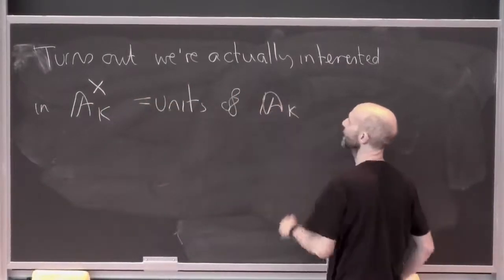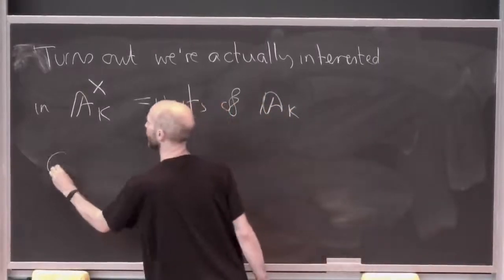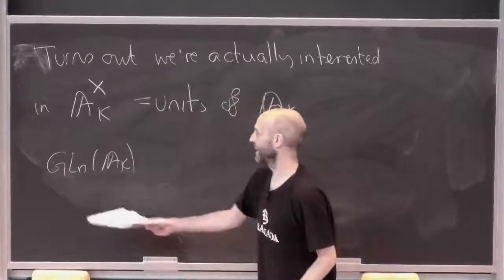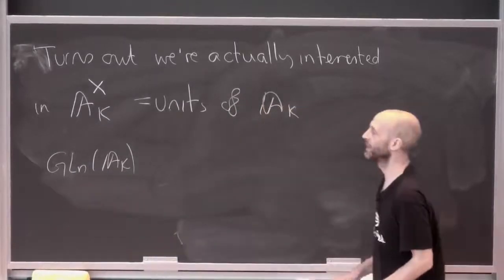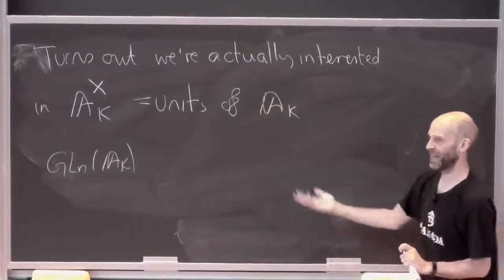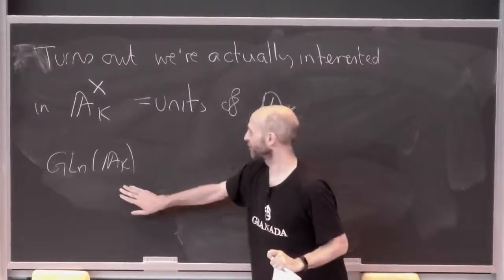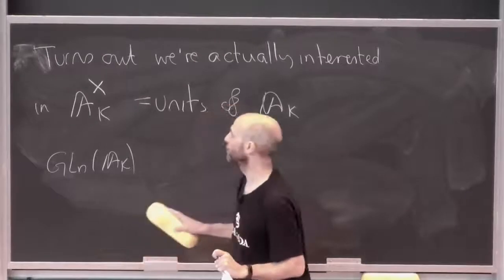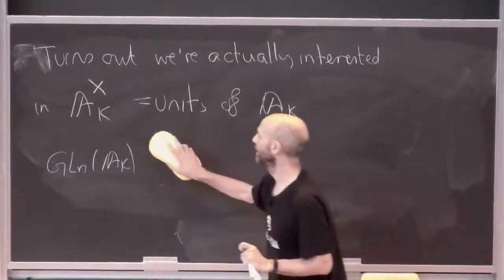Well, we are today. Tomorrow, we're going to be interested in this, right? At some point, that's going to rear its ugly head, because we had GL_n of Q_p, and this is all the GL_n of Q_p's glued together, right? But today, we're going to do global Langlands philosophy for GL_1.